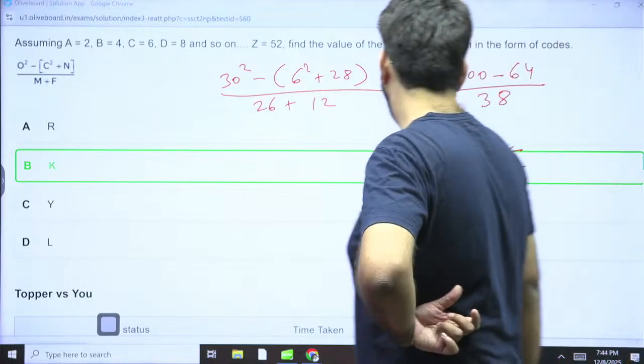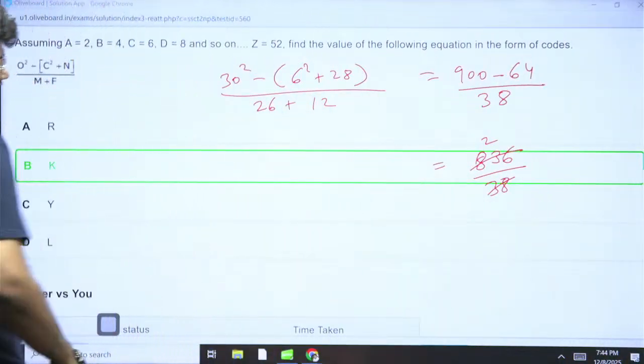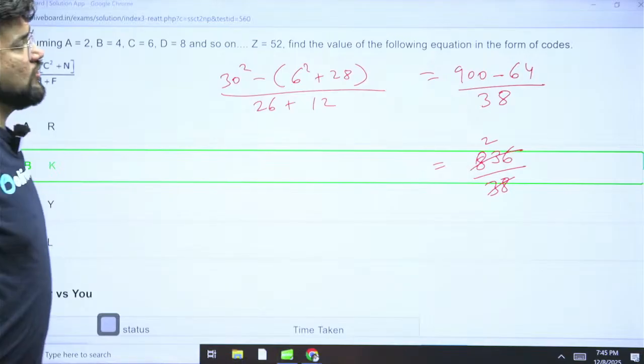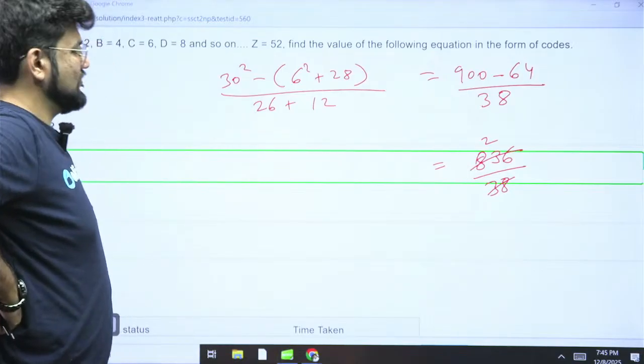How come are they getting K here? Thirteen into 2. 6 into 2. O is 13, 30 square. This is C is 3, 6 square, 36, 900. 840, 836, 138.